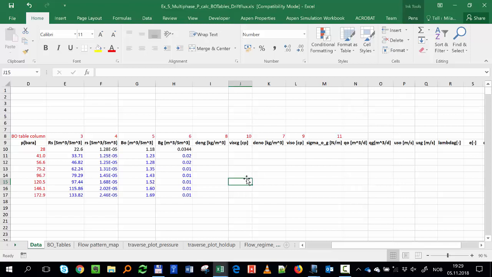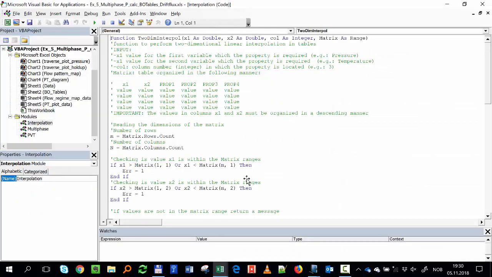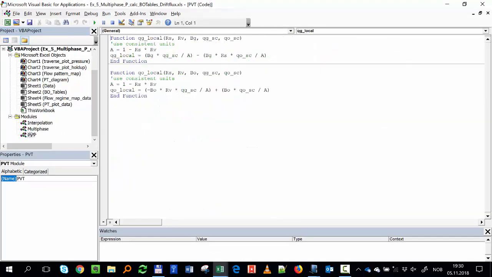Now, why do we calculate all of these properties? What was our intention? Why were we doing that? Just for fun? To calculate local oil and local gas. Yes. So let's go again now, Alt F11 once more, and let's go to PVT. And you see we have exactly that expression that I showed you before.